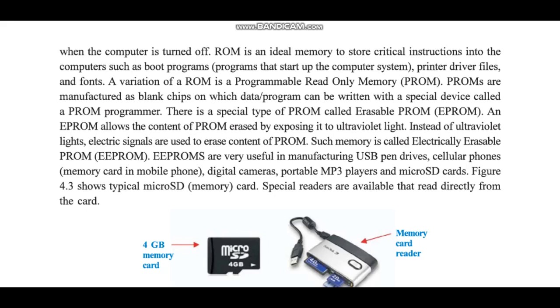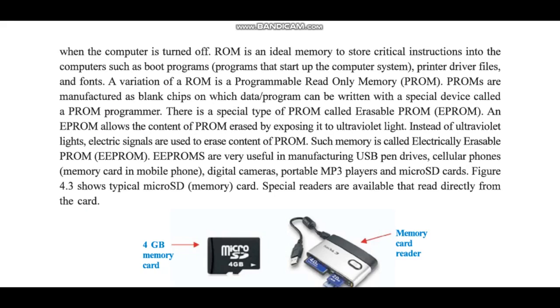A variation of ROM is programmable read-only memory, PROM. PROMs are manufactured as a blank chip on which data or a program can be written with a special device called a PROM programmer. There is a special type of PROM called erasable PROM, that stands for EPROM.